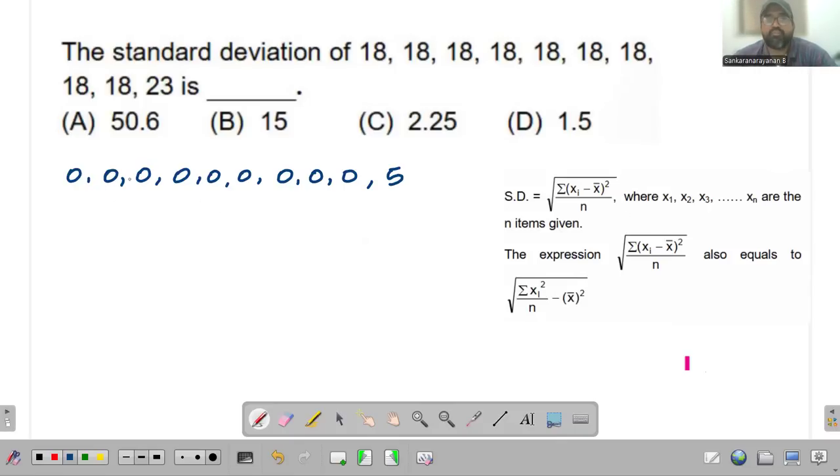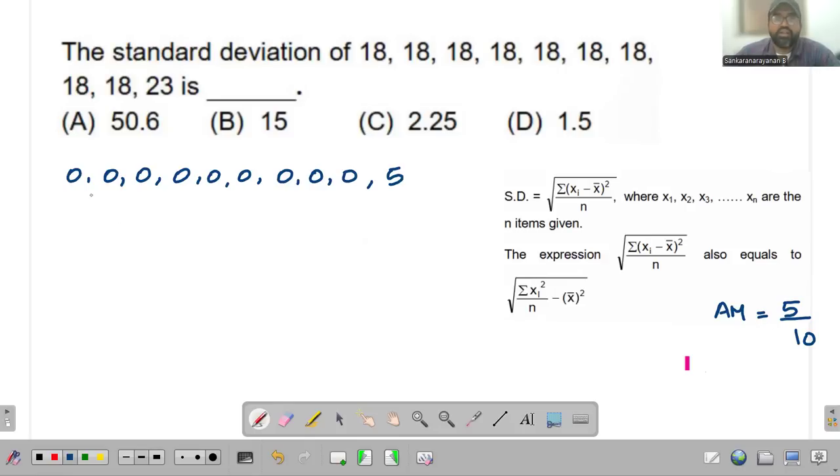So sum of all the observations is equal to 5, by number of observations, which is 10. So the arithmetic mean value is equal to 5 upon 10. Got it?